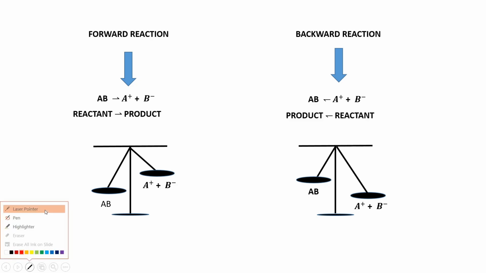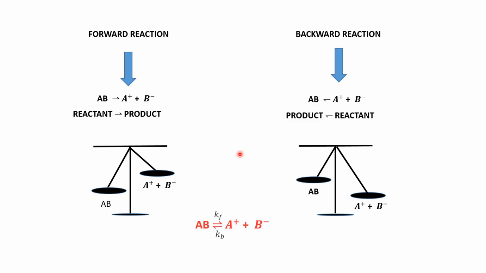If we combine the forward as well as the backward reaction, AB dissociates to give A plus and B minus, and simultaneously A plus and B minus ions react with each other and move towards AB again.